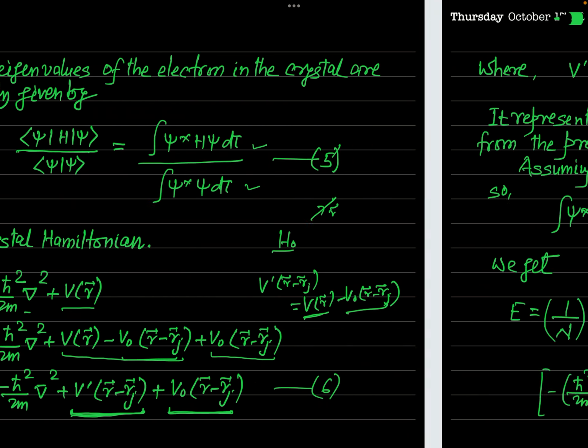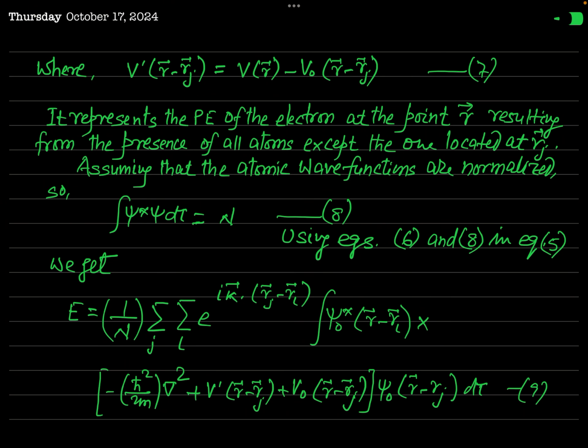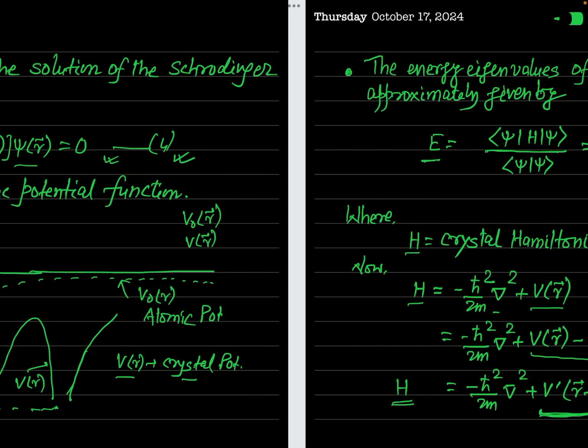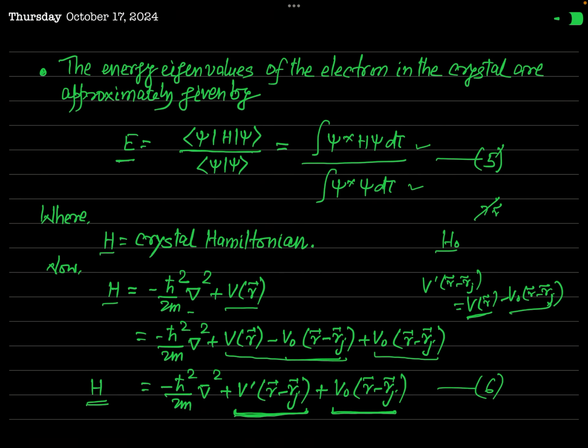Now, let us see. In this expression for the expectation value of E, in the denominator there is a scalar product of psi with psi. And if you consider that these atomic wave functions are normalized, then what will be this scalar product? This scalar product, you know, is in integral form.